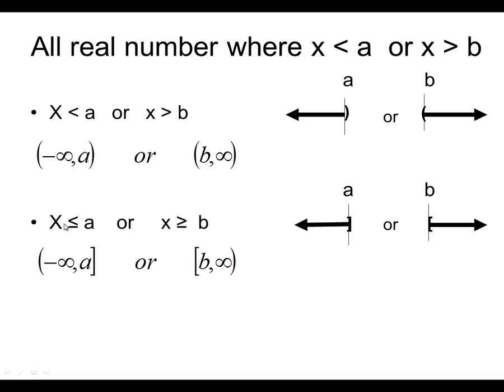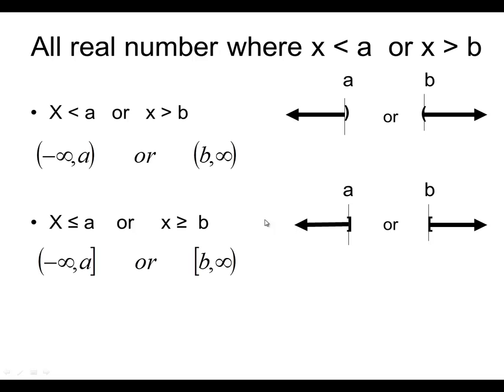Now here x is less than or equal to a or greater than or equal to b. So it helps to do the line graph first. Here's a, it's all values less than a, continuing on, tends towards negative infinity. Close bracket at a.